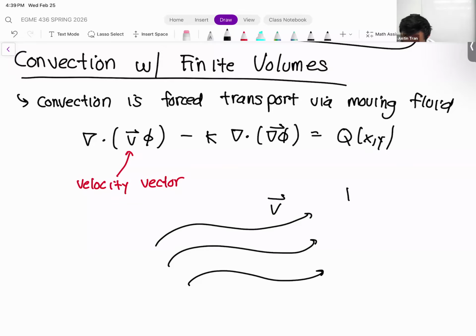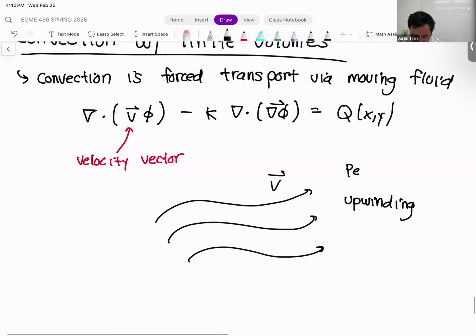We're going to see things like our Peclet number and things like upwinding. All of these same concepts still apply. It's just that the way we actually implement and compute them is slightly different, because finite volumes is different than finite differences. But that's just a preview of where to go.